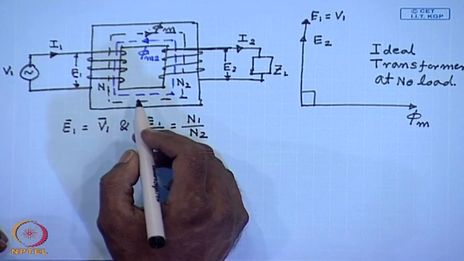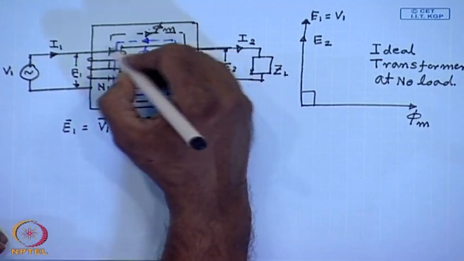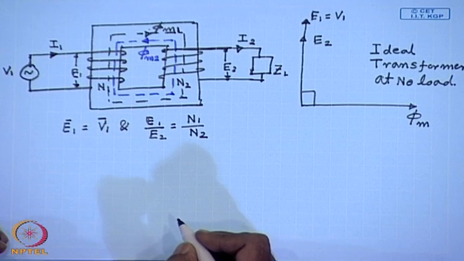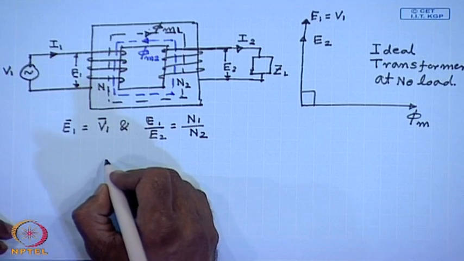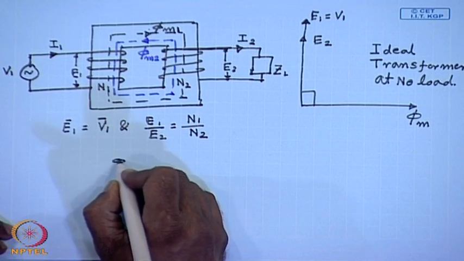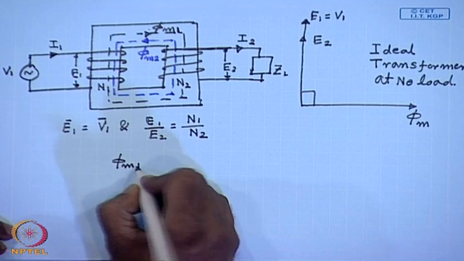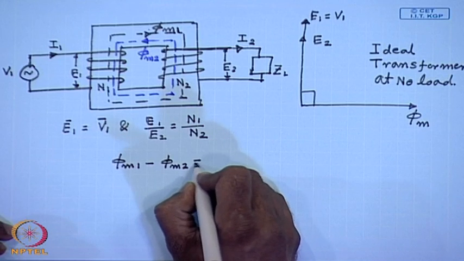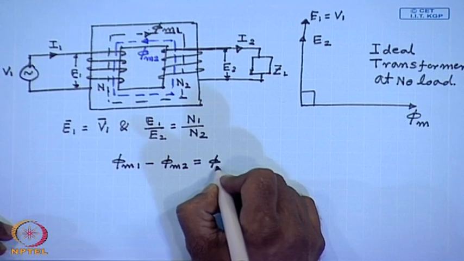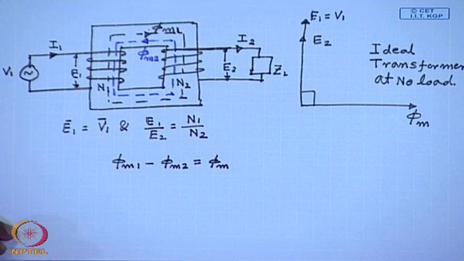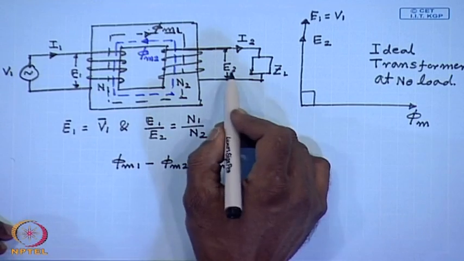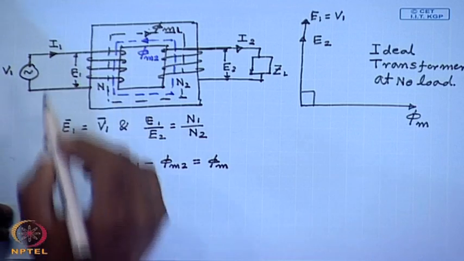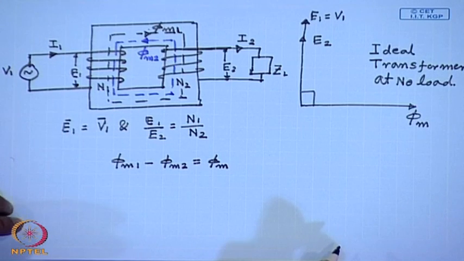This means the flux produced by coil 1 will now change to phi m1, and in steady state phi m1 minus phi m2 will still be equal to phi m, so that the induced voltages E1 and E2 do not change. So, what will be the magnitude of the current I1?